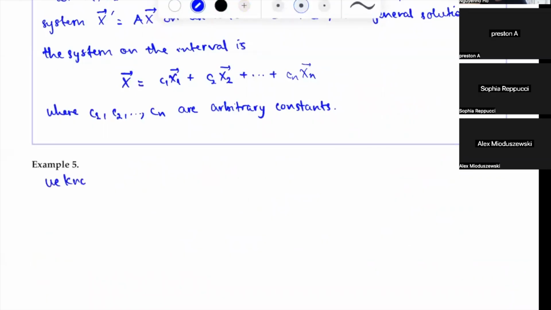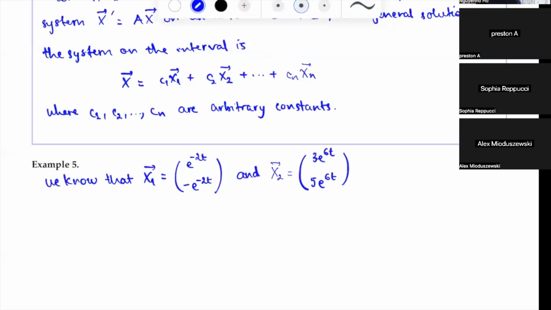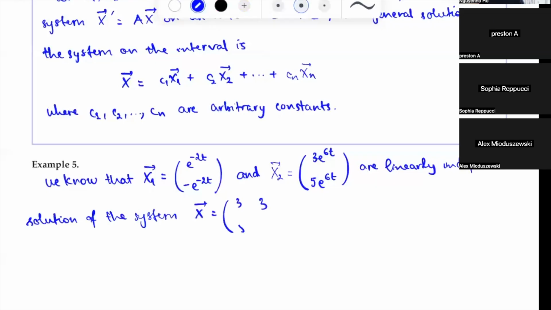So we know that x1 equals e to the negative 2t times (1, negative 1), and x2 equals e to the 6t times (3, 5), are linearly independent solutions of the system x prime equals the matrix (1, 3; 5, 3) times x.